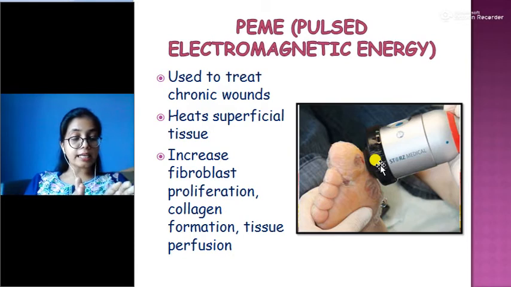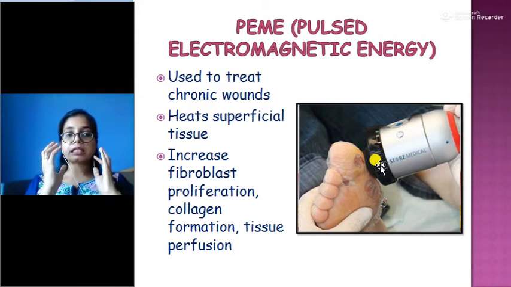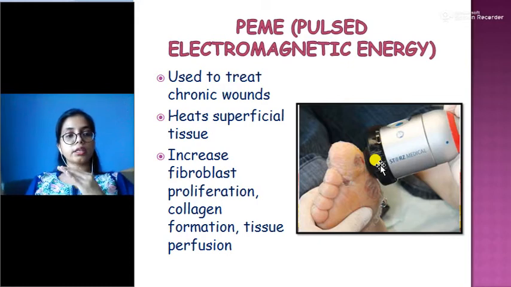They are the cells from which the collagen is formed. So it increases collagen formation, increases the strength of the tissue, and obviously improves perfusion. Again, the metabolites are washed out, and fresh oxygenated blood is given to the tissues whenever we are using this kind of modality.